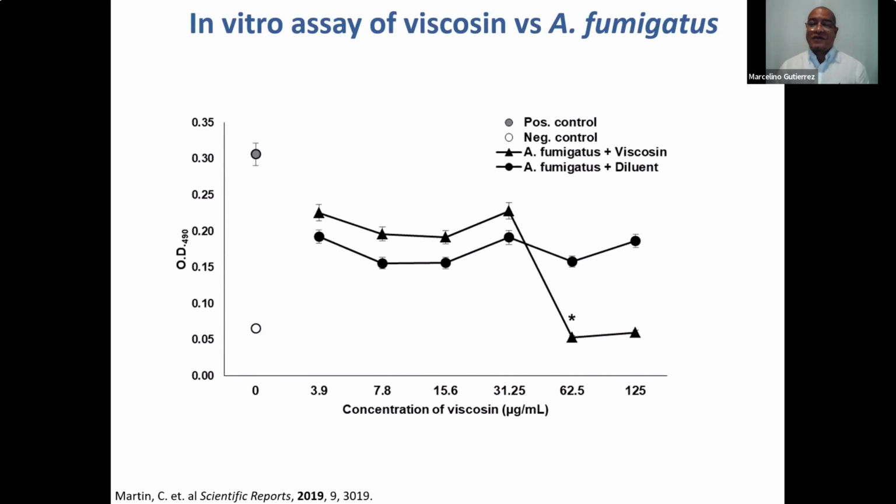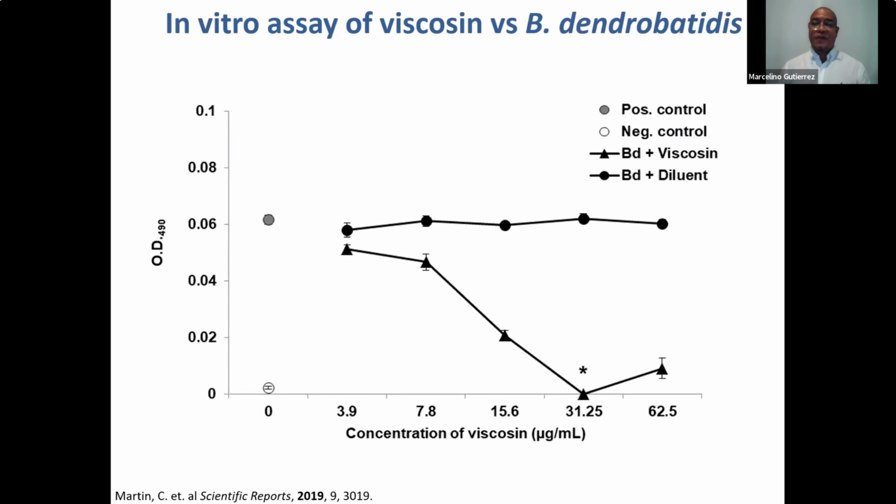So, as we isolated the pure viscosin, we evaluated viscosin in an assay against Aspergillus fumigatus. And as we can see here, viscosin produced inhibition against Aspergillus fumigatus.